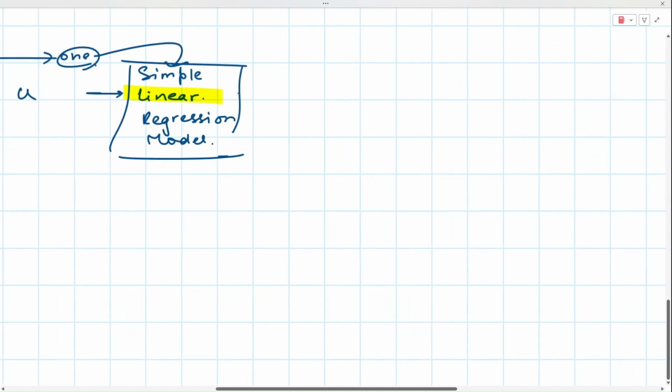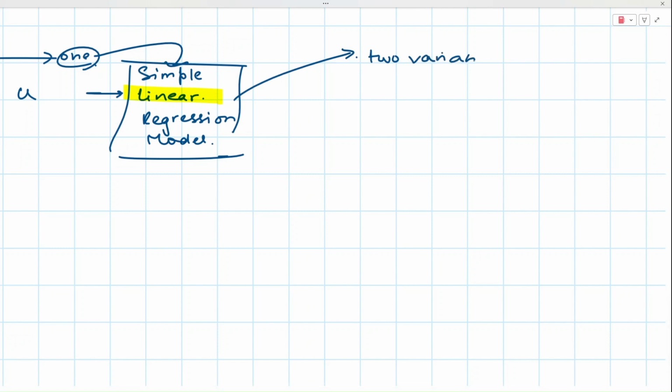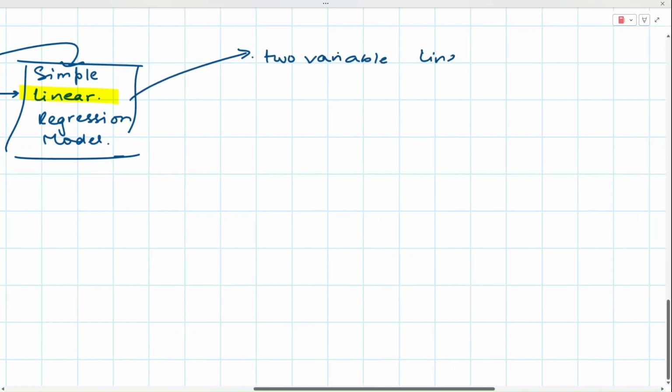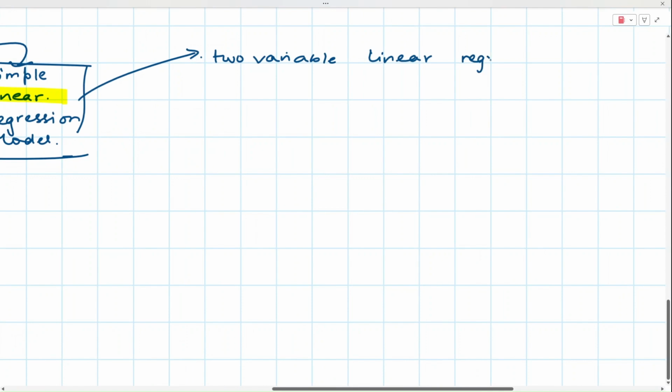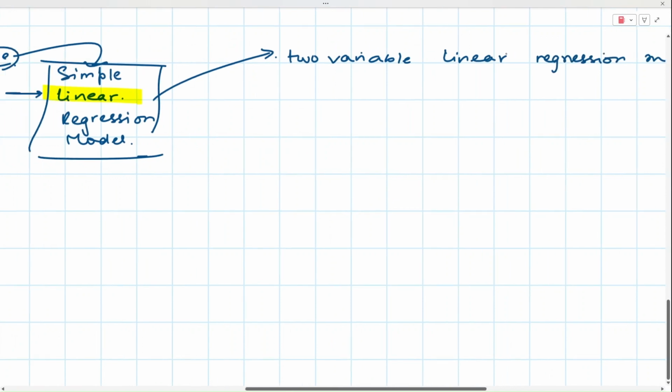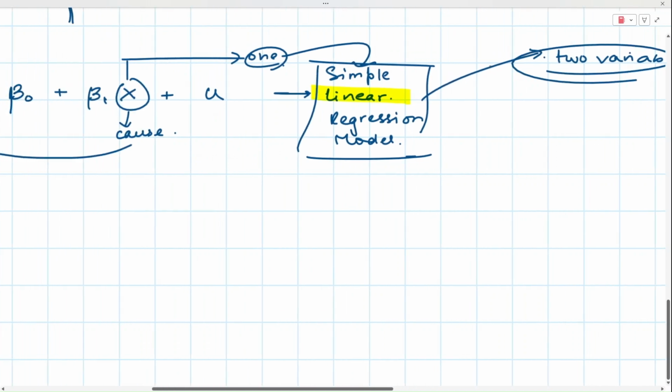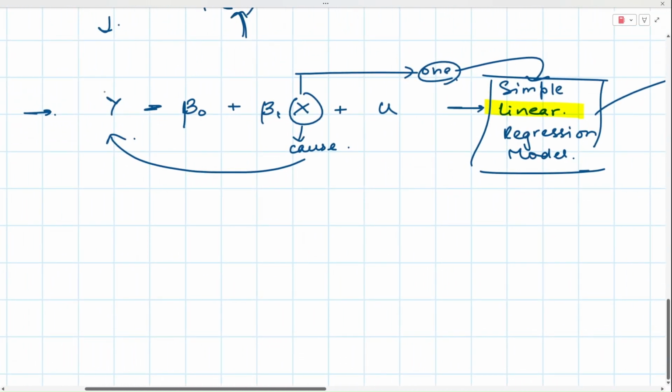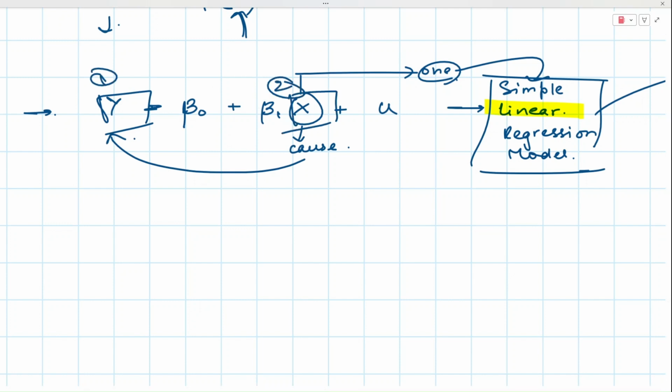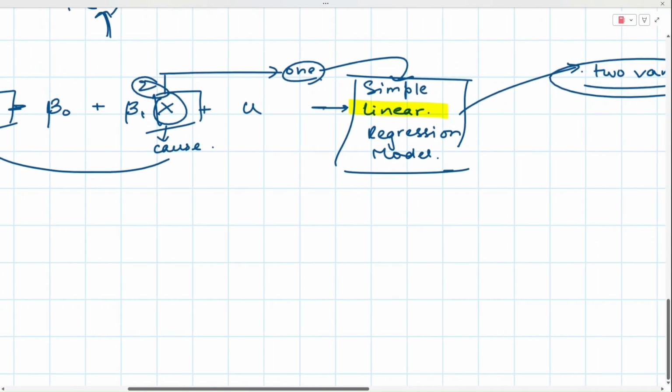There are a couple of other names for the simple linear regression model. One is the two variable linear regression model. The reason why we call it two variable is because there's this one variable and then there's this second variable. So there are only two variables in the entire model.